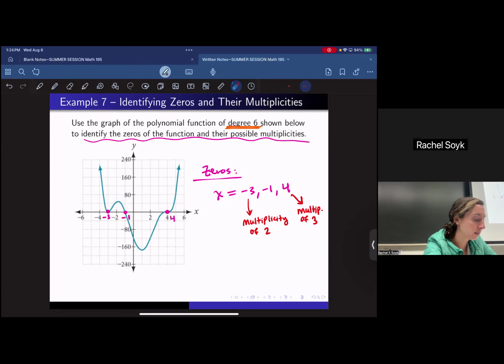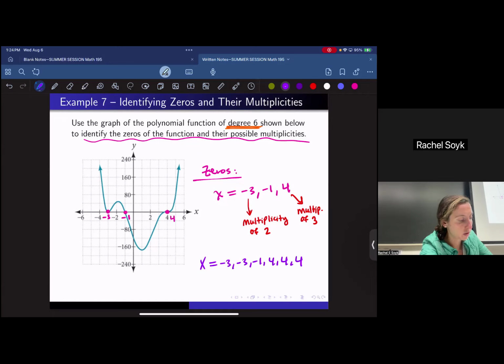It's not being repeated. And so now does this add up? We have 1, 2, 3, 4, 5, 6. If you wanted to write it out repeated, then it would be x is equal to -3, -3, -1, 4, 4, 4. And then we're done.